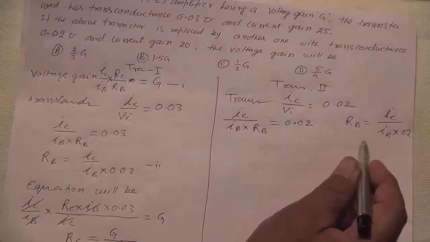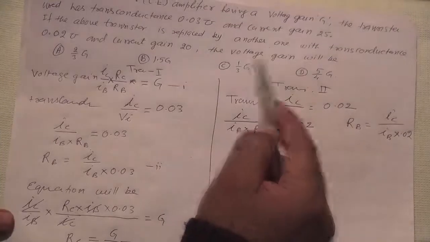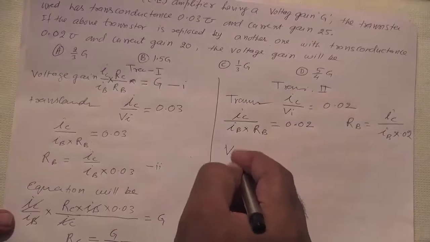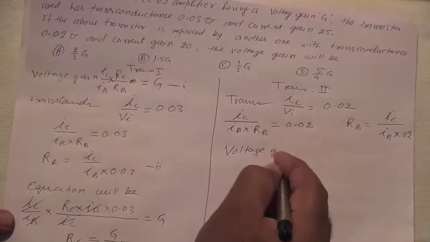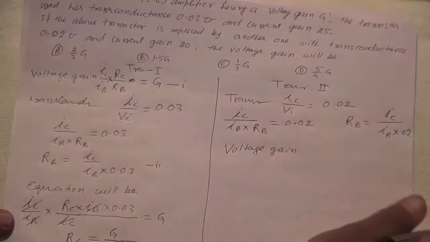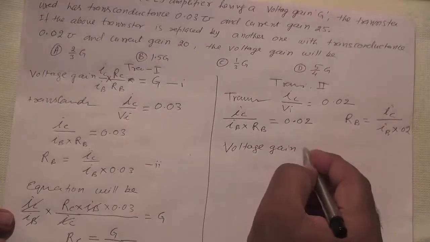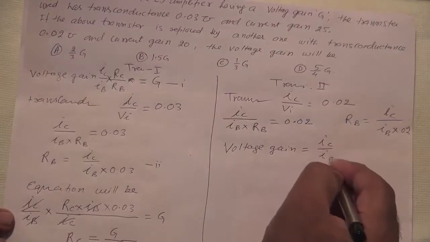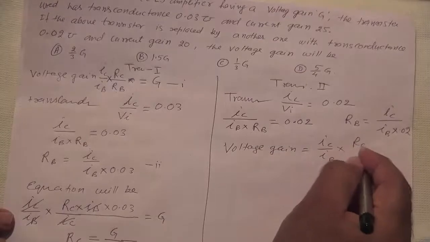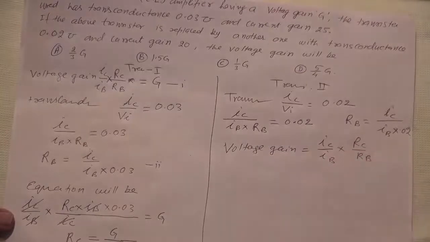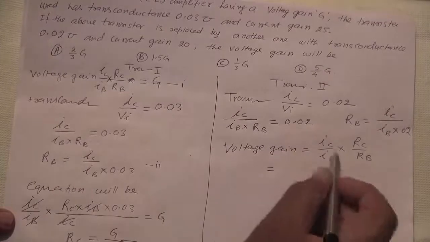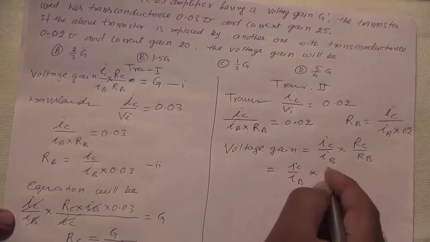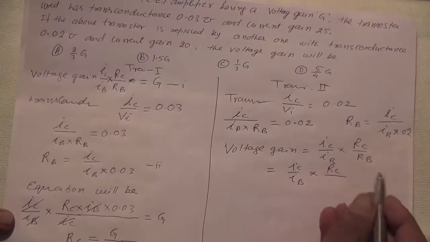अब वोल्टेज गेन लेते हैं जो कि हमको निकालना है. वोल्टेज गेन इज इक्वल टू IC अपॉन IB इंटू RC अपॉन RB. अब इसमें हमने लिया IC अपॉन IB मल्टीप्लाइड बाय RC अपॉन RB.